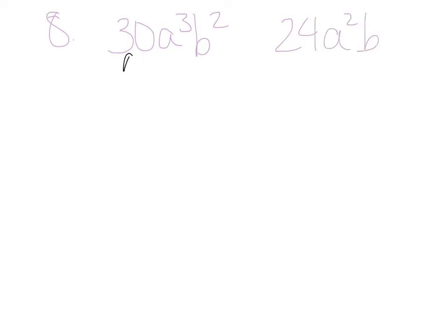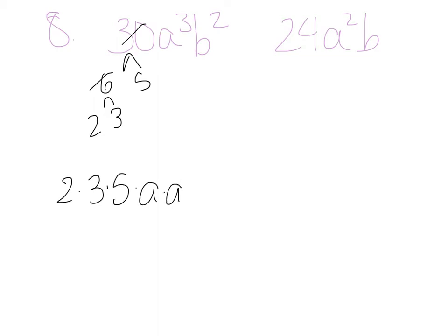this is number 8, still on the first page. We have 30a cubed b squared and 24a squared b. So I'm going to start by factoring out my 30, and again you can do any combination that gives you 30. So that's 2 times 3 times 5. I like to put my numbers in increasing order.